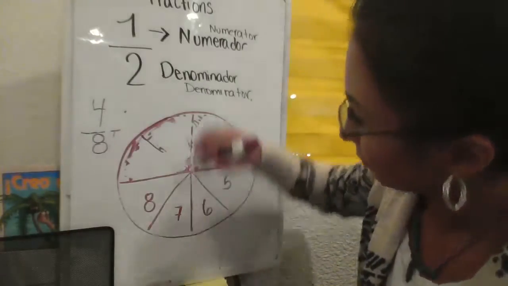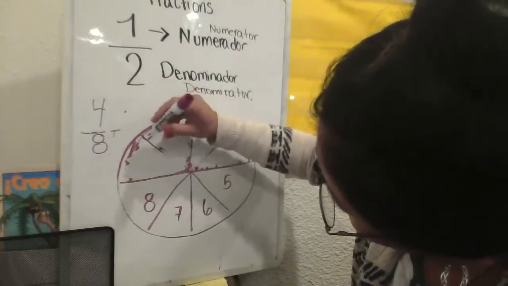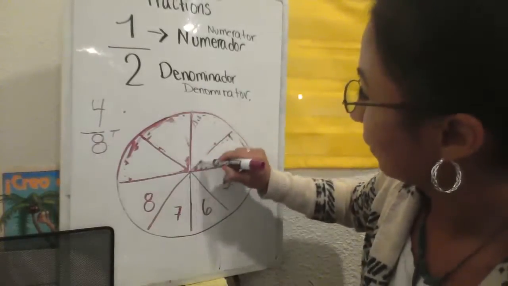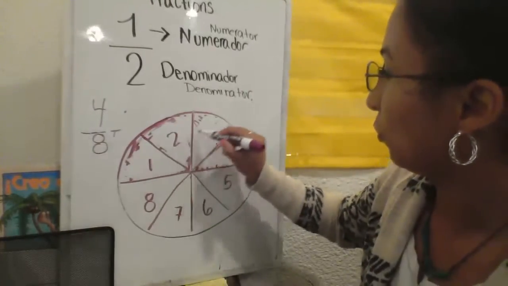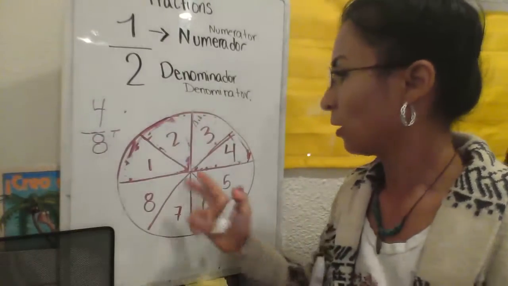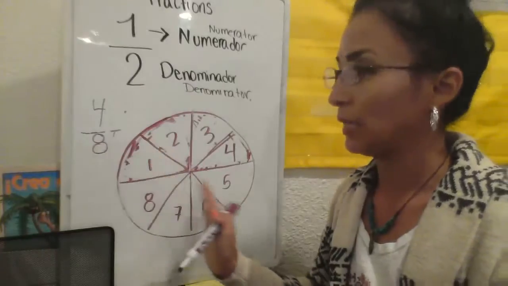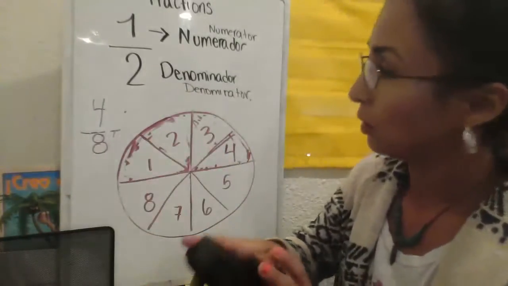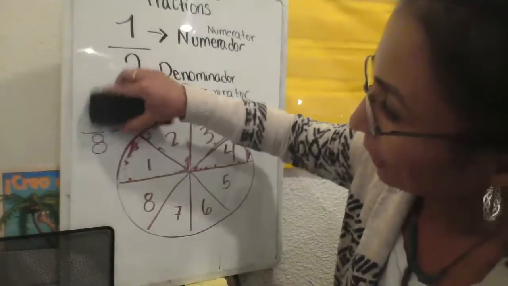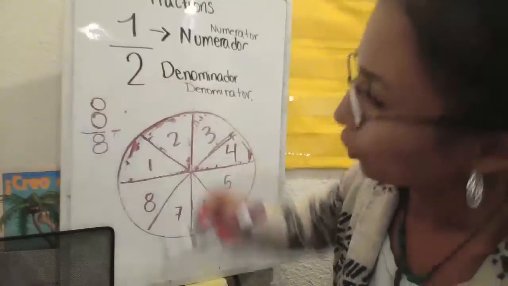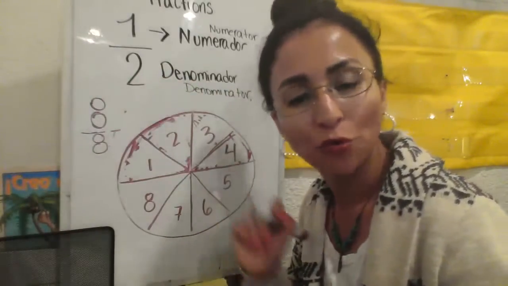Okay, si tienes 8 piezas en total y nadie se la ha comido, lo puedes escribir de esta manera. 8 sobre 8. 8 over 8.